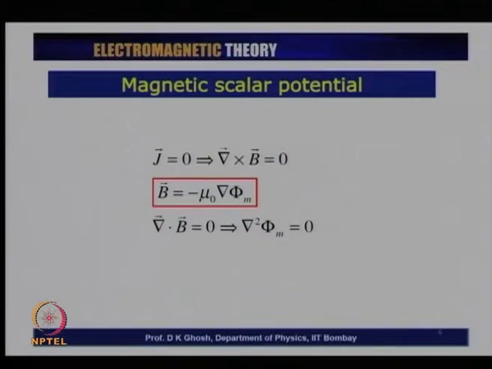However, excepting where I have sources, supposing I have a current distribution, but I am looking for the magnetic field in space other than where there is a current distribution. Then at the point of observation, my current density J is equal to 0. Now, if the current density J is 0, at such points I must have del cross B equal to 0.